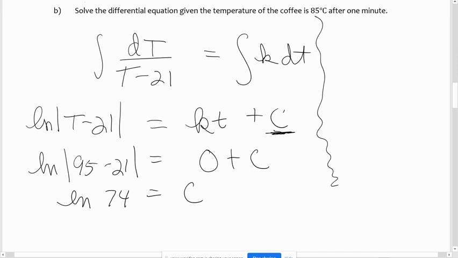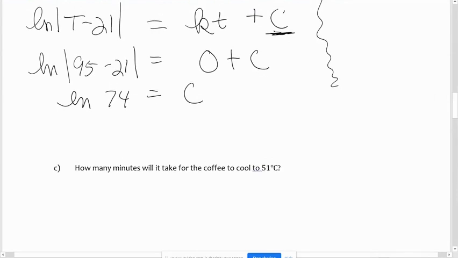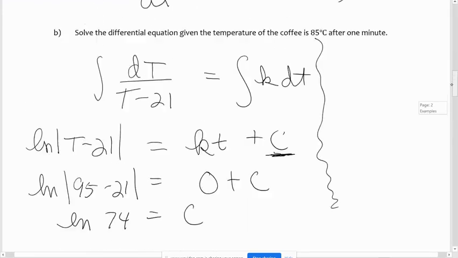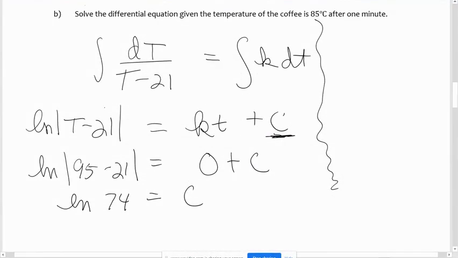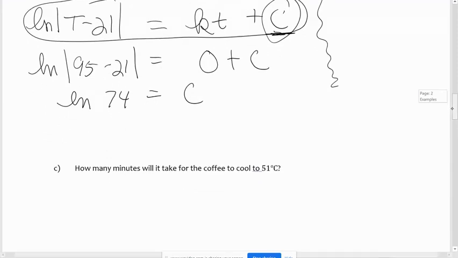All right, and I want to go back to our equation from up here, this equation right here. And I'm going to plug in the natural log of 74 in for that constant right there. All right.